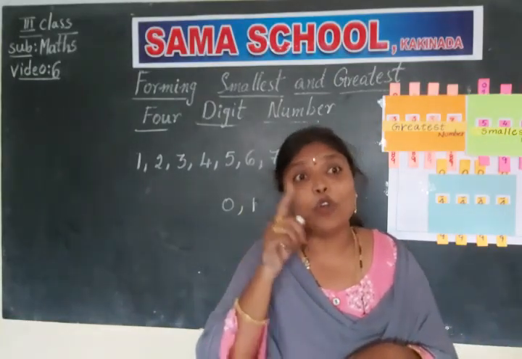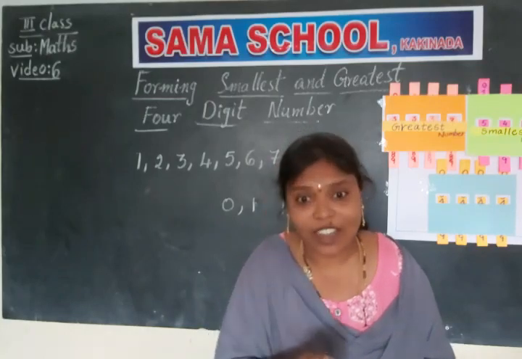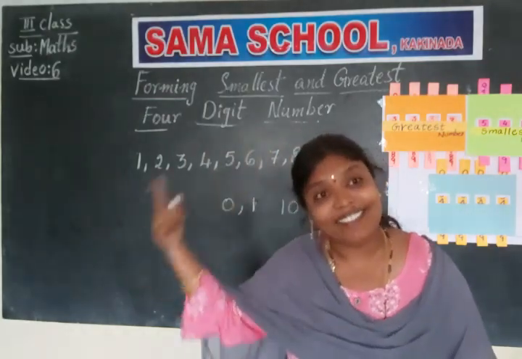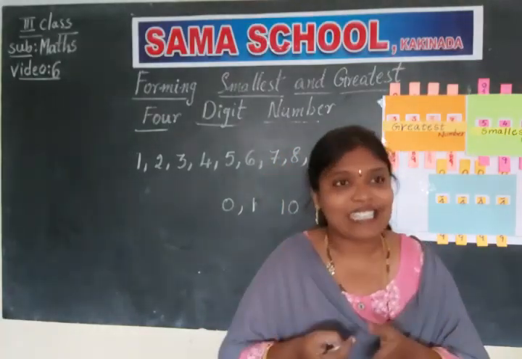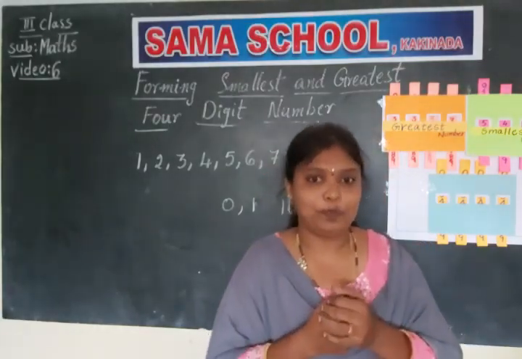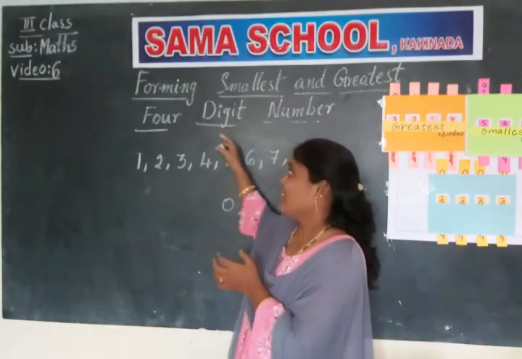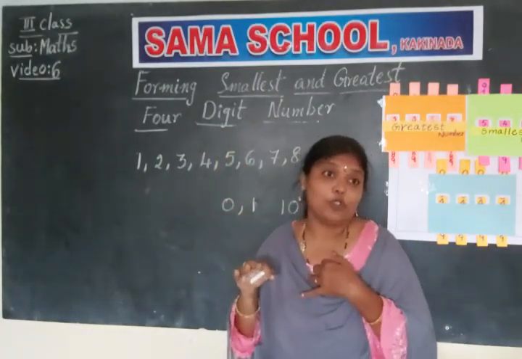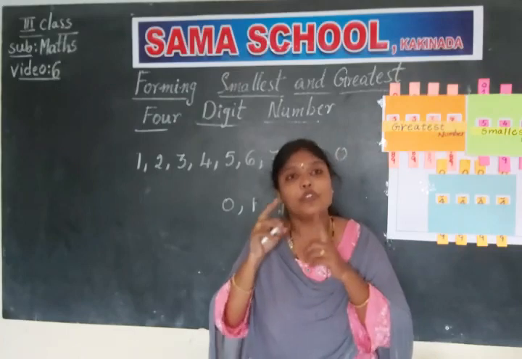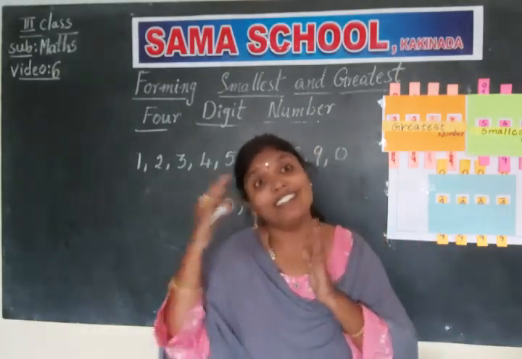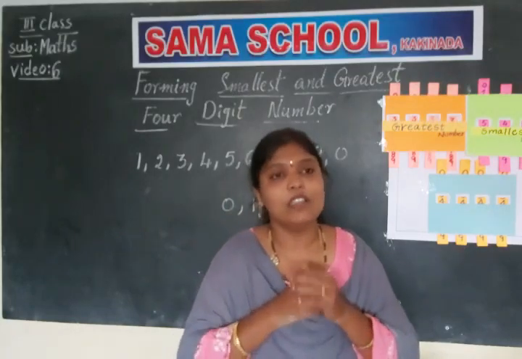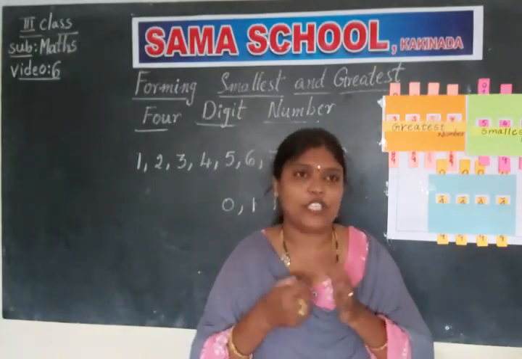But I want you to write only the smallest and the greatest 4-digit numbers using the digits that I have given you. See children, today I am going to teach how to frame the smallest and greatest 4-digit numbers using the digits that are given to you.